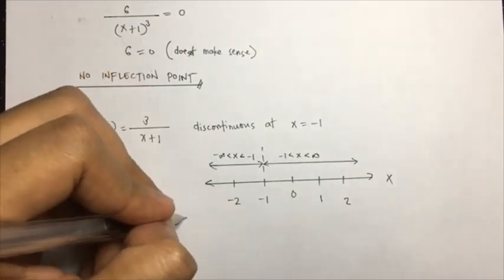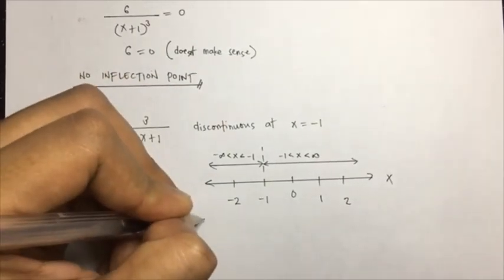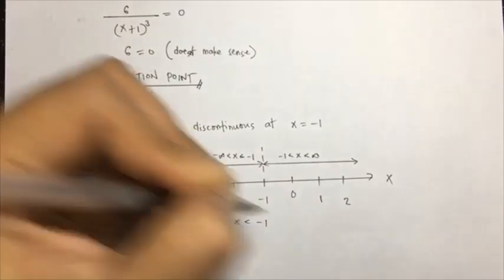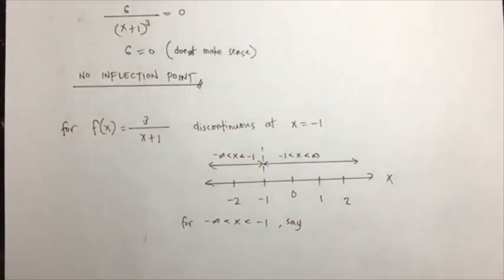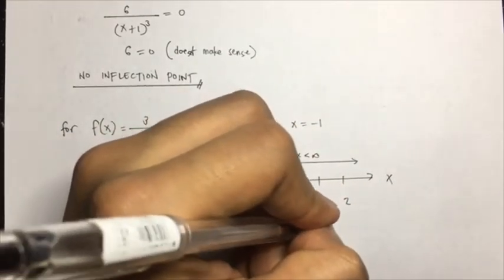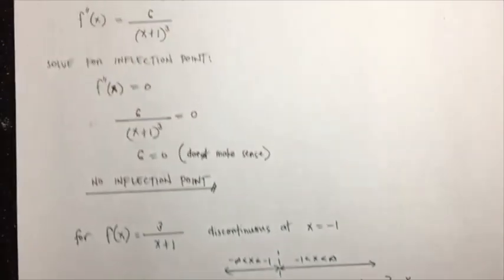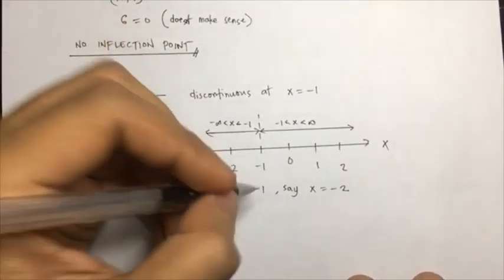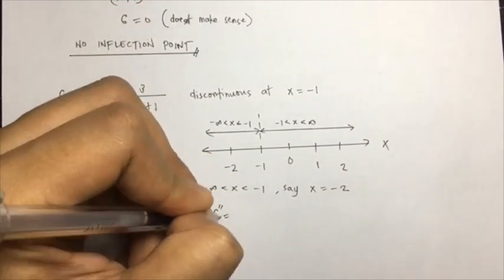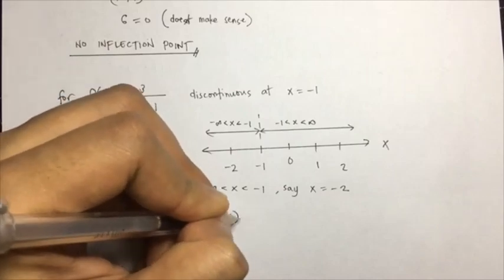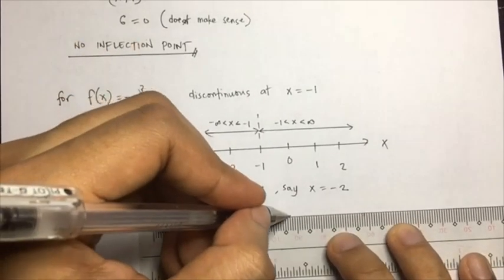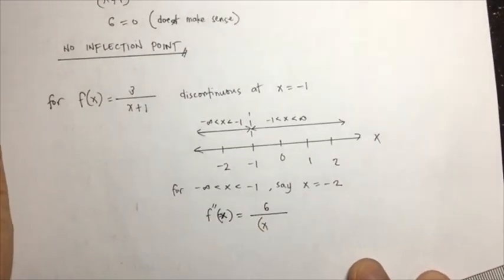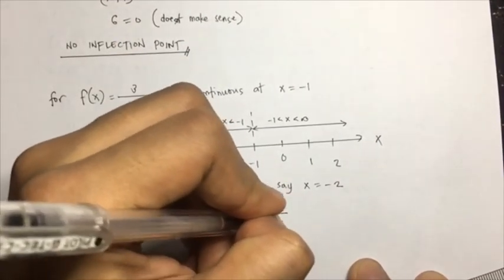Okay, so testing using the second derivative. For negative infinity less than x less than negative 1, say x is equal to negative 2. Our second derivative again is equal to 6 over x plus 1 cubed.